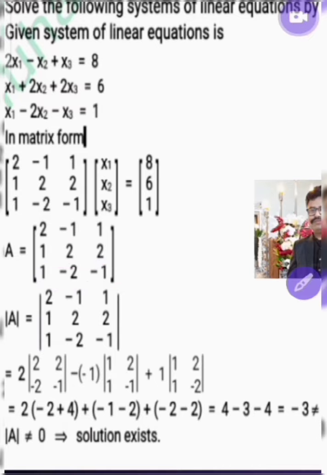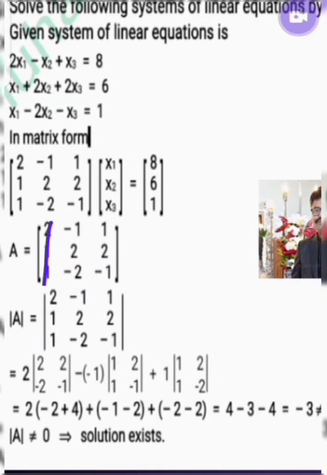We can expand by column 1, column 2, or column 3. But normally we expand the determinant by row 1.